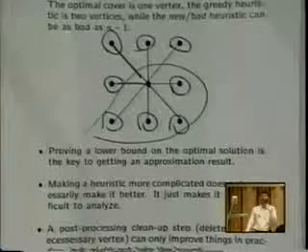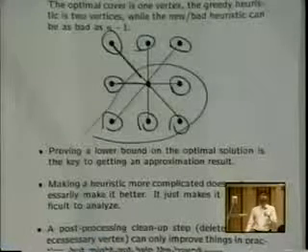And the key to doing that is to come up with a lower bound on the optimal solution. The way we did this for the vertex cover problem was we found out that if we took a matching, a subset of the edges that didn't touch each other, that had to give us a lower bound on the optimal vertex cover. And then we came up with our answer in terms of that. Okay? Any questions? Question?